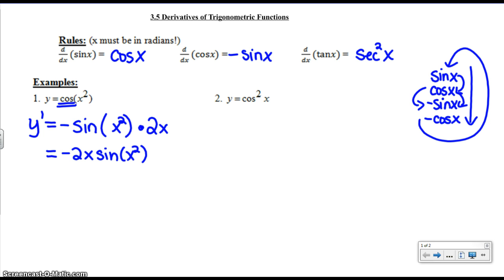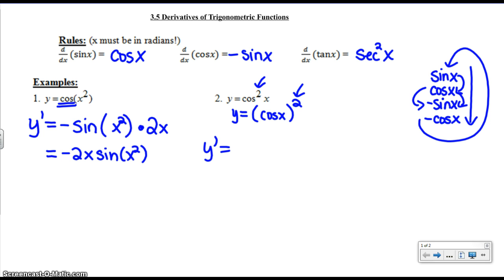So what is the difference between example 1, cosine of x squared, and example 2, cosine squared of x? If you see the squared in between the cosine and the x, that really means that the entire cosine of x function is being squared. So you may want to rewrite that like I just did with the parentheses around the cosine and the squared at the top. And so that makes it a little more obvious that this is also a chain rule problem. But this time, the squared is the outside function. So I'm going to start by doing the derivative of something squared.